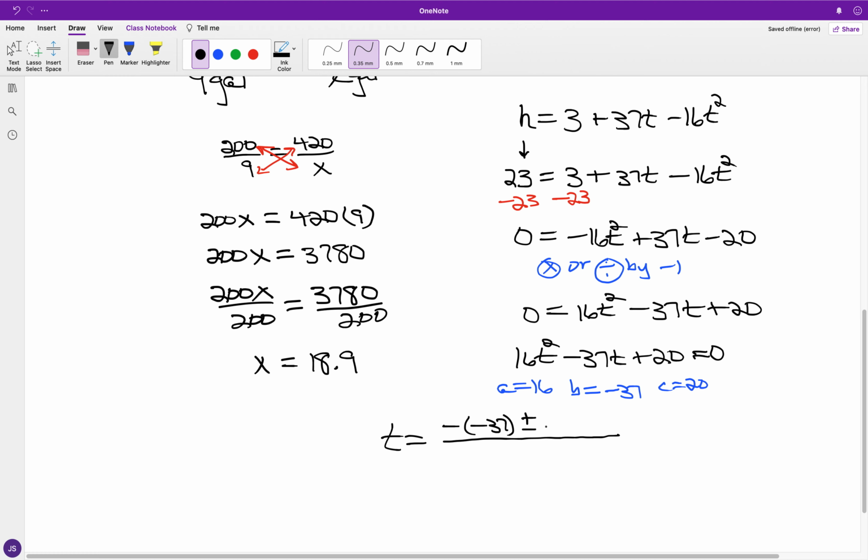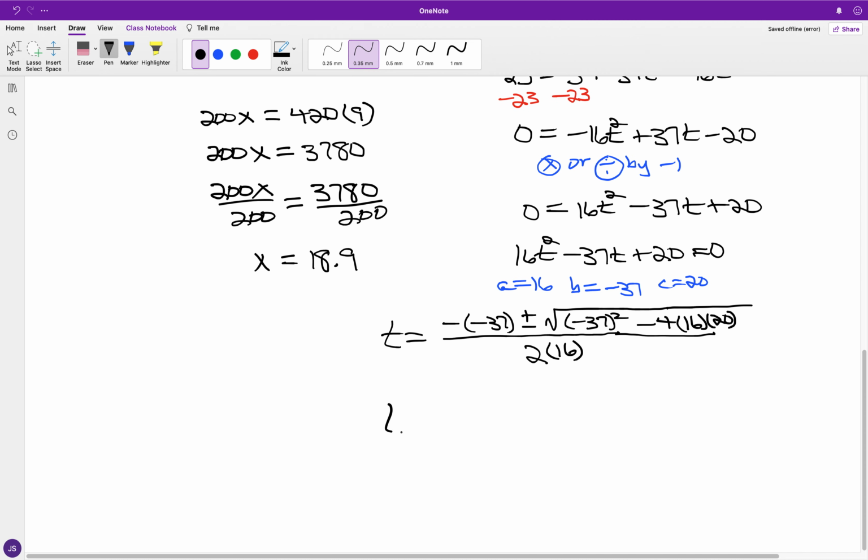We have plus or minus the square root of b squared, the square of negative 37, minus 4ac, so minus 4 times 16 times 20, all over 2a, that will be 2 times 16. So 2 times 16 is 32 in the denominator, and minus negative 37 is a positive 37.